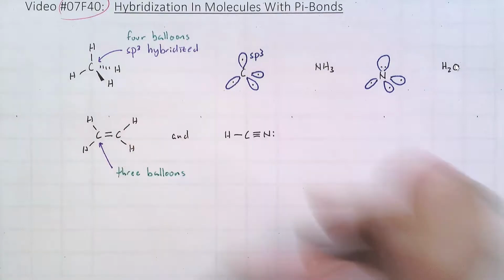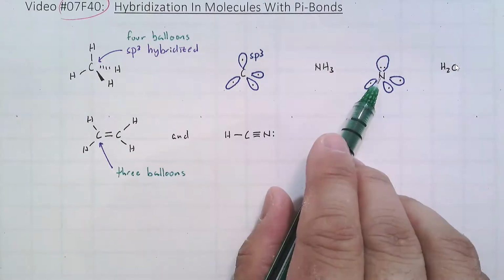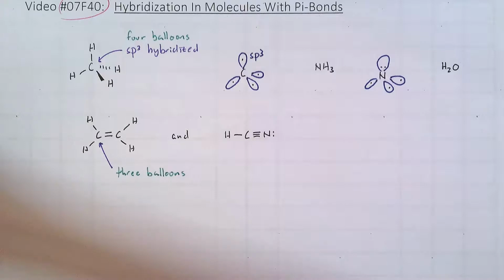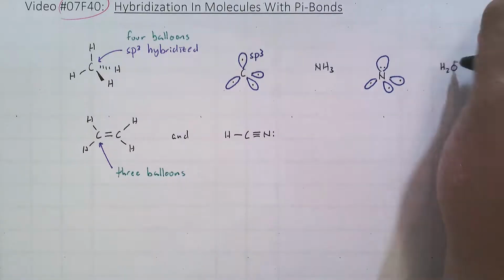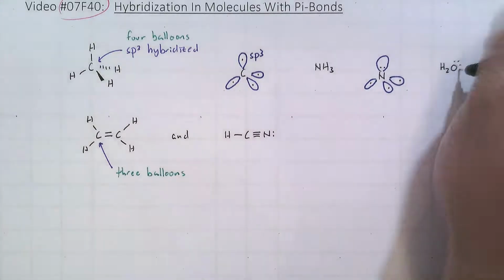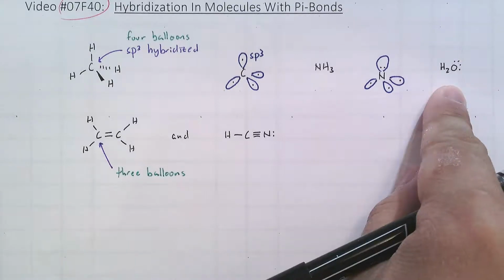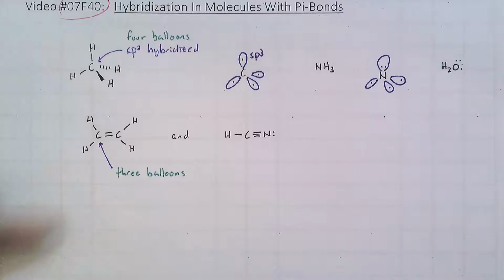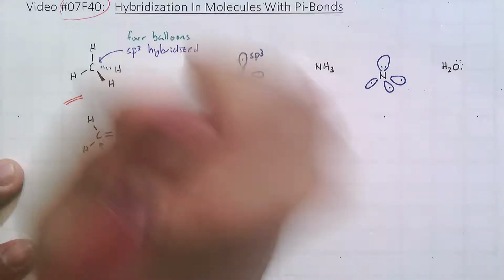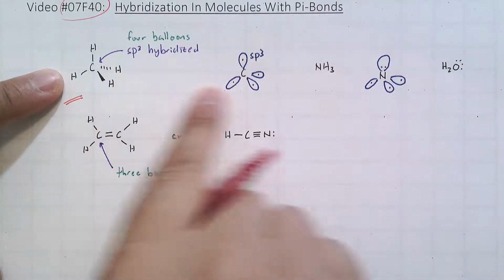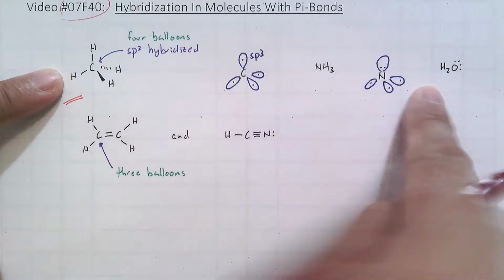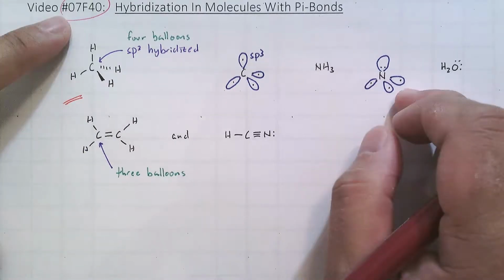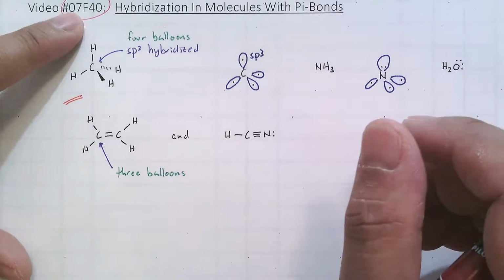right? And how about this nitrogen here? This nitrogen is 4 balloons. This oxygen here is 4 balloons because you have to remember it has 2 lone pairs as well. Okay. But let's focus on that. That's in the past. If you're not very clear on what I just did up here on the top of the page, all of this is in a previous video, 07F20.